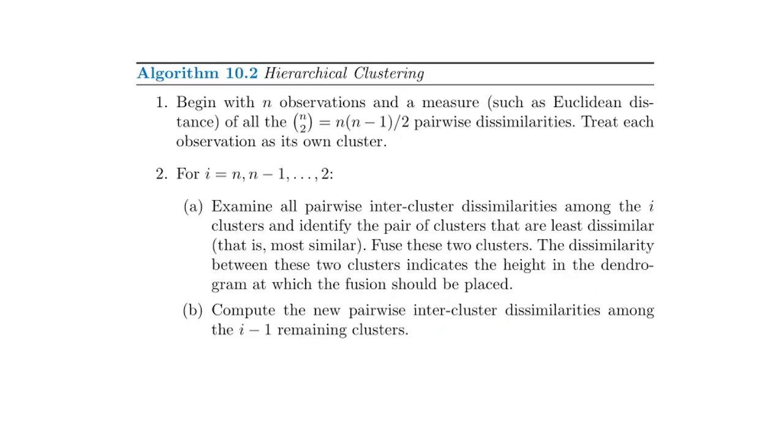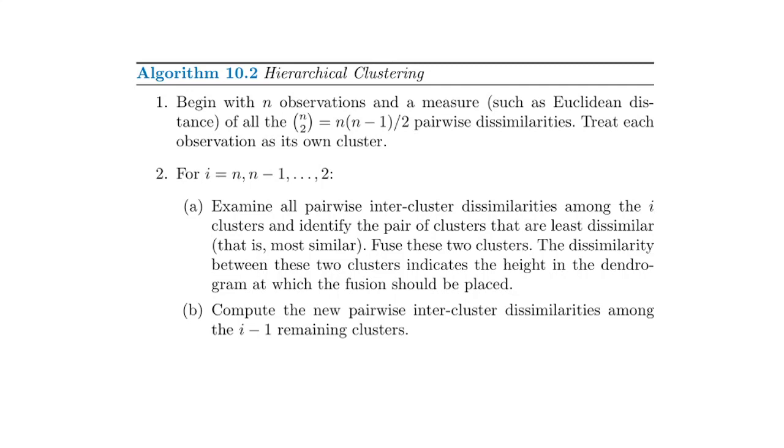So what is the algorithm for hierarchical clustering? First we begin with n observations and a measure, such as Euclidean distance, of all the pairwise dissimilarities. So first we compute the dissimilarity between one observation and another, and we treat each observation as its own cluster. So we start with the number of observations first, and then we do the iteration in the second step.